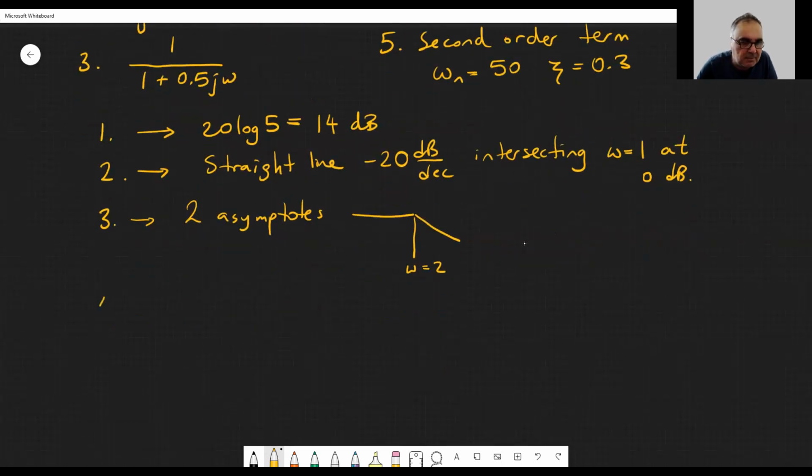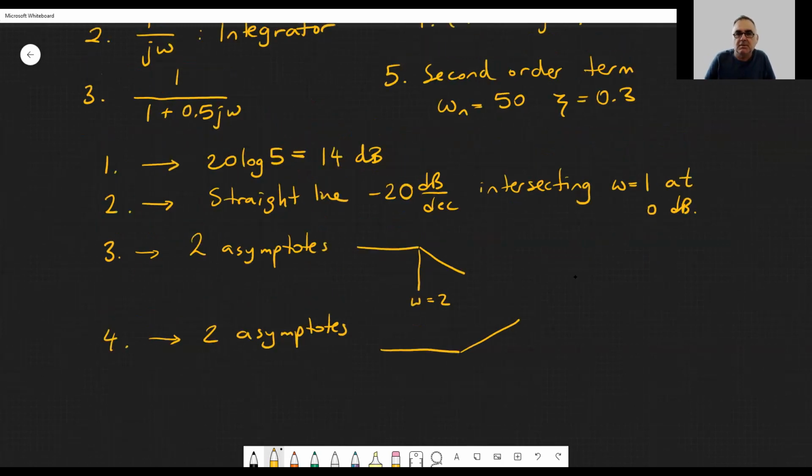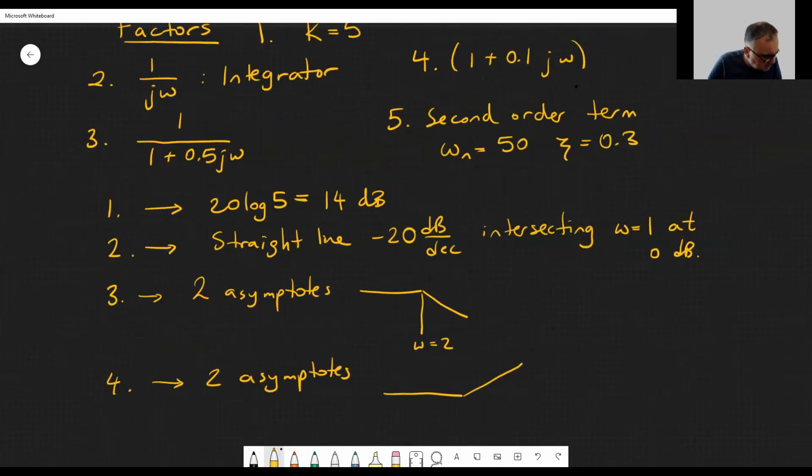The fourth one again has two asymptotes. Here it will be like this, because it's a zero, and the corner is at omega equals 10.